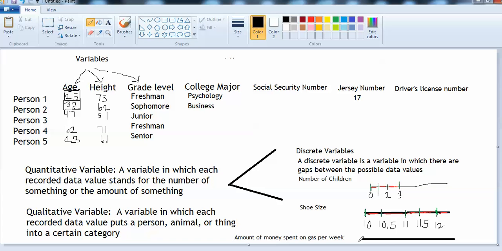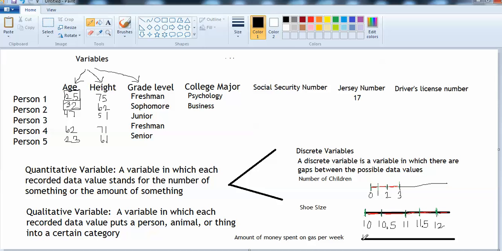Let's start with $0. I think that's a good starting point. A person could spend $0. If a person wanted to, a person could spend 1 cent on gas per week. A person could spend 2 cents. It doesn't really make sense, but it's possible. Or 3 cents.